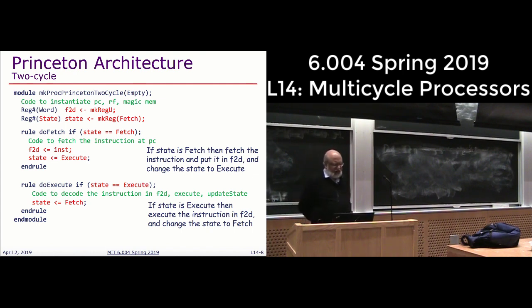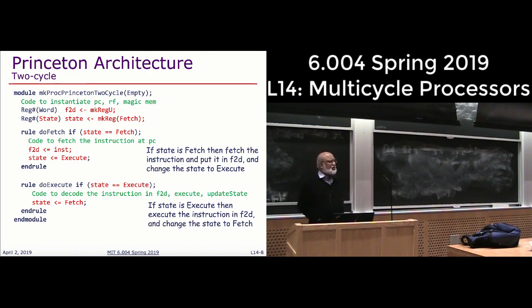Okay, so you have to have this make register F to D, and it'll hold word or whatever you need to remember from one state to the next state. Then you have a state element, and it'll have two rules. First rule has a guard which says state equals fetch, and the next rule has a guard which says state equals execute. So they are mutually exclusive rules, right? Either you're doing the fetch or you're doing the execute.